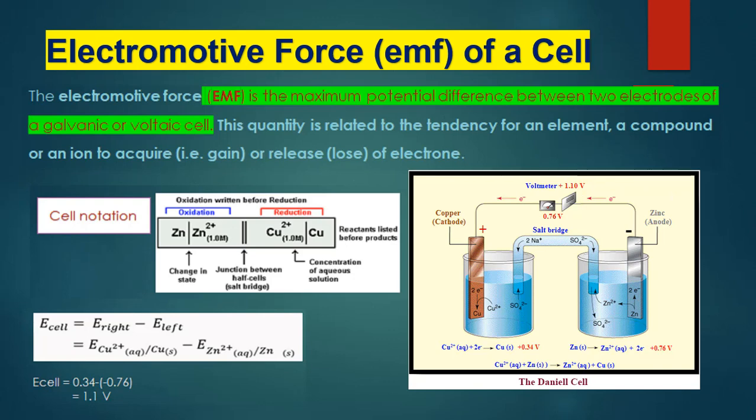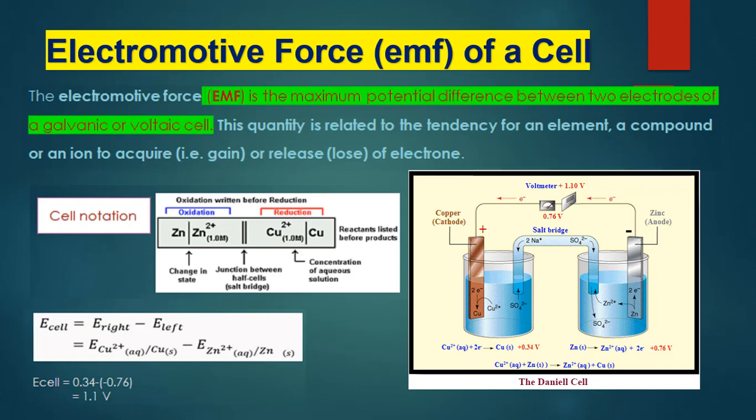This 1.1 volt battery we can make at standard conditions by using copper and zinc electrodes. This is the conclusion of this slide, and this EMF of a cell means at standard conditions.